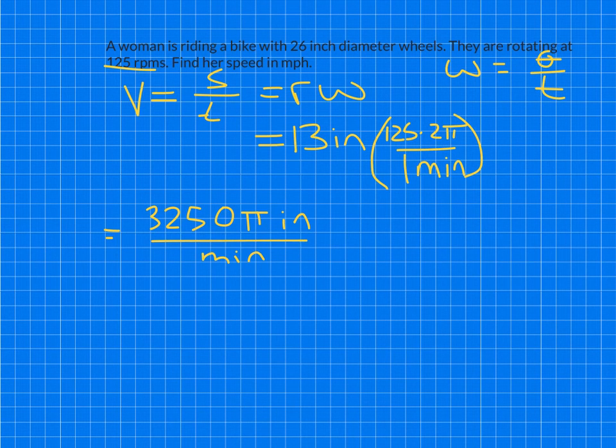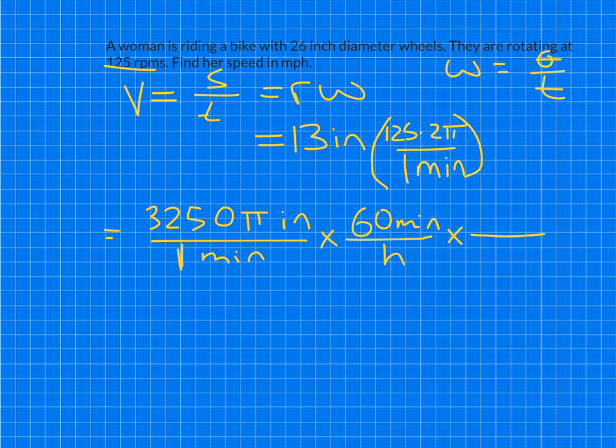That's my linear speed, but I have to find it in miles per hour, so we'll convert using some of our known amounts. I'm at 1 minute here, so I need 60 minutes per hour to multiply. I'm also in inches, and I need to get that up to feet and then up to miles.